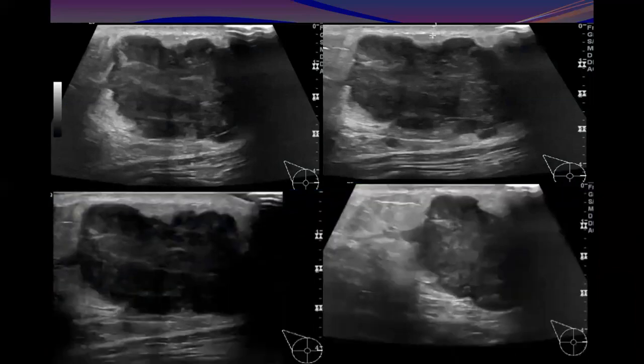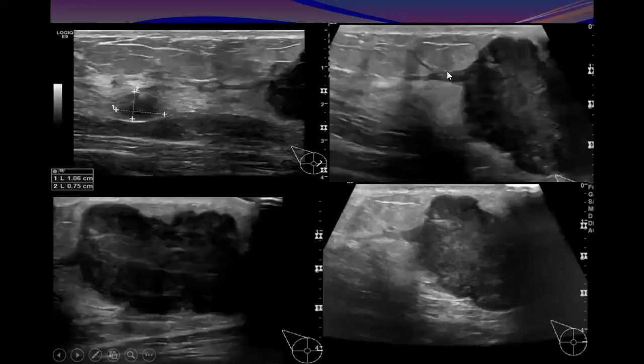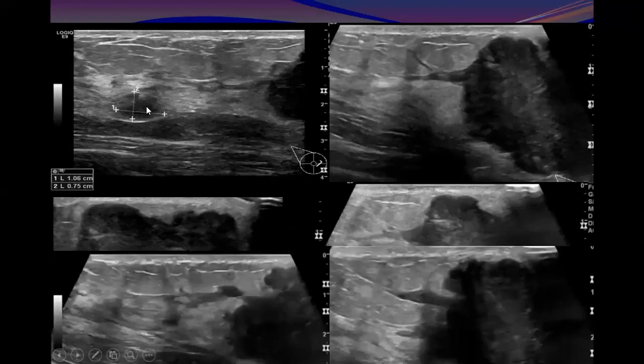But when I sweep throughout and look for the ductal extension, this is another duct, even branching. Look for the extent of the ducts and the satellite lesions. So this is definitely BI-RADS 5.